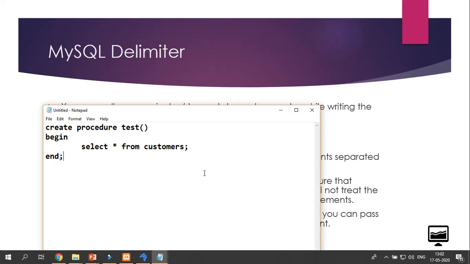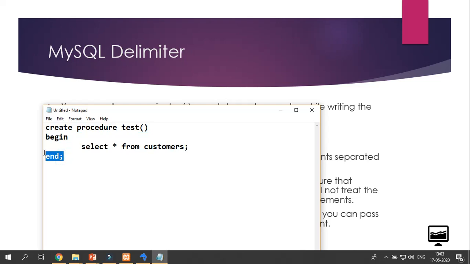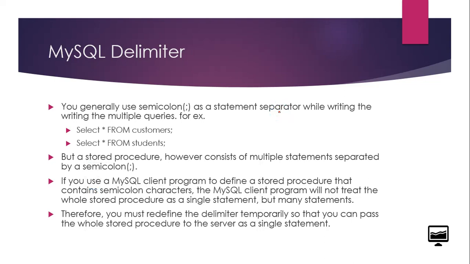If you do not change the delimiter, then the MySQL compiler will compile this, it is okay, and will compile this. The MySQL compiler decides this is the end of the stored procedure. But in reality, this is the end of the stored procedure. So it will generate an error, MySQL error 1064 or something else.